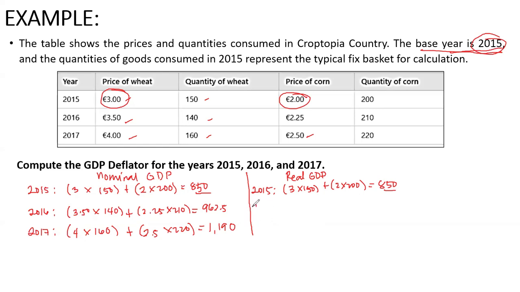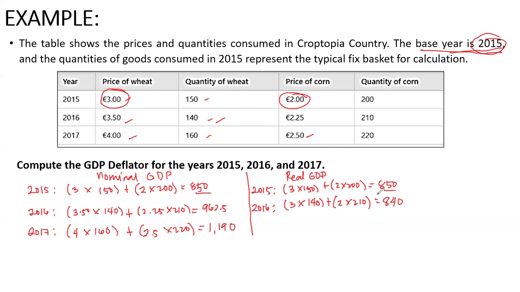Another, in 2016, we have here 3 times the current quantity, which is 140, plus 2 times 210. So if we use our calculator, 3 times 140 is 420, plus 2 times 210. If you sum it up, your real GDP is actually 840.